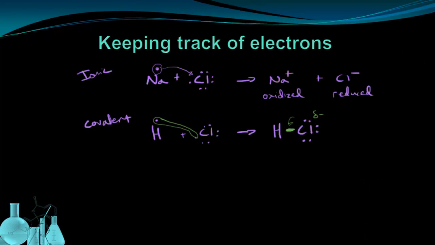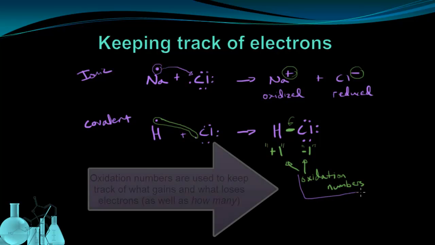Instead of using these partial positives and partial negatives, we're going to say that the chlorine is a -1 and the hydrogen is a +1, indicating that the chlorine has kind of gained an electron and the hydrogen has kind of lost an electron. Now these are not charges. The atoms don't actually get an official charge the same way they do in the ionic cases. But these do show us how the electrons move from one atom to another. And these are both called oxidation numbers.